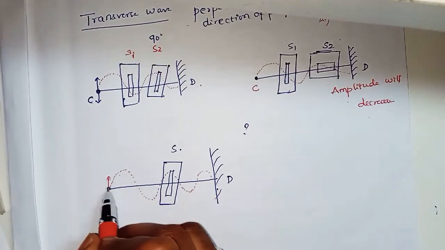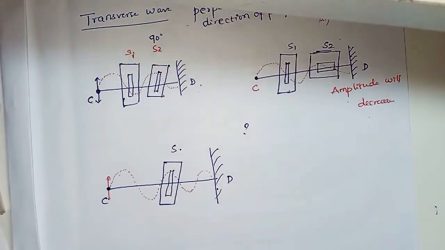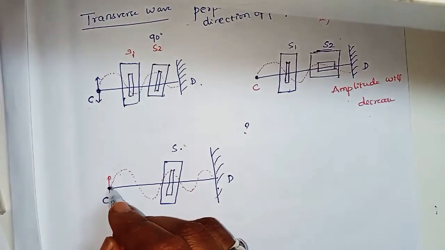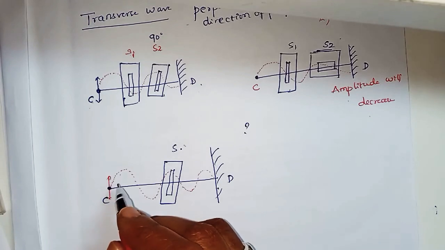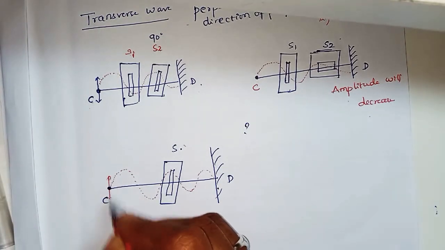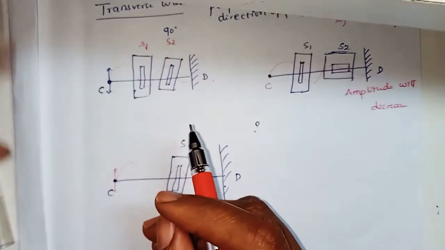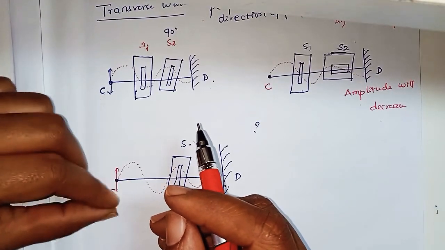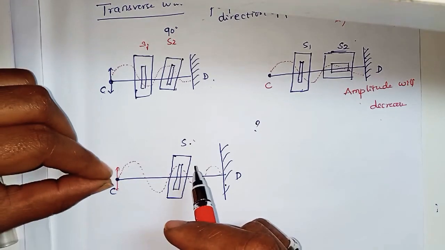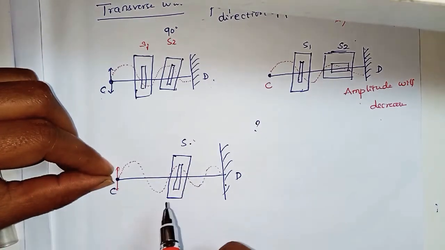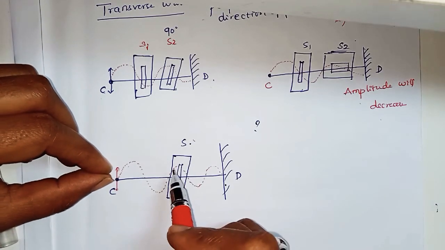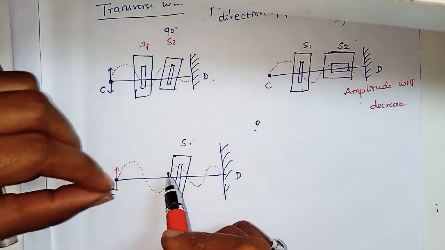The parallel wave, of course, passes through the slit. Now the transverse wave, the direction: I am going to produce the transverse wave in this direction, which is perpendicular to this paper. Then the perpendicular direction, I am going to change a little in this direction.